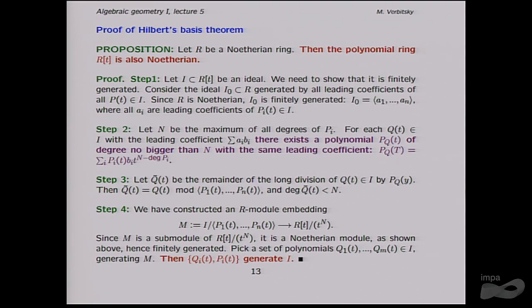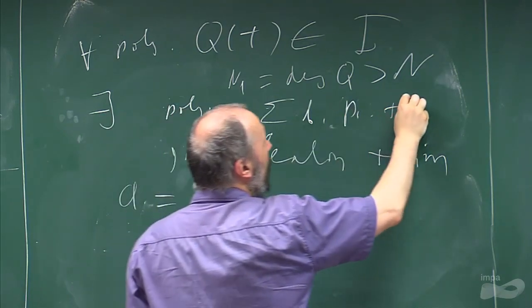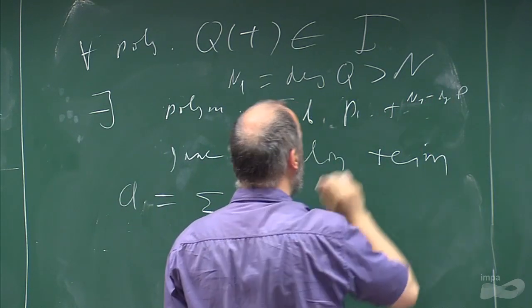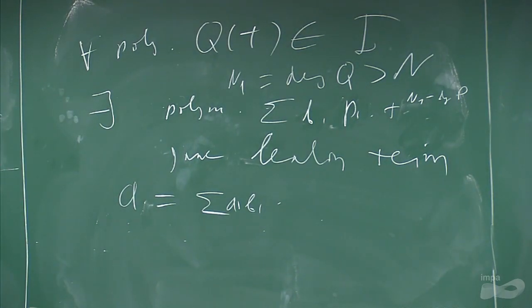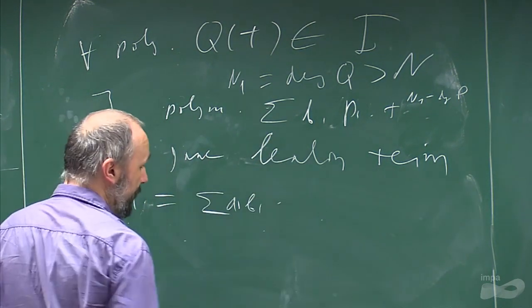Right? So what we can do, we just express this leading term through, say, A as a sum of bi ai, and then replace ai by the corresponding Pi multiplied by t to the power n1 minus degree of P, where n1 is the degree of Q. So the leading term of Q is this, then you have this expression.